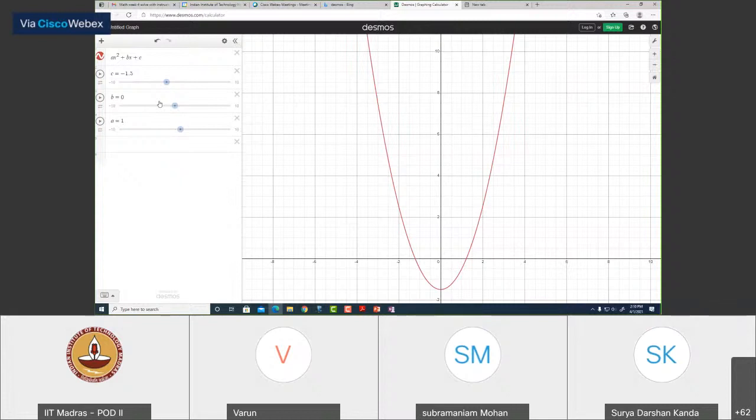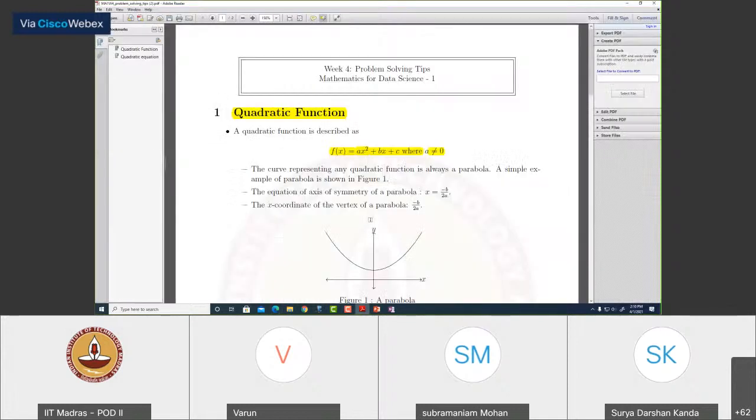So ax squared plus bx plus c. Now, there are different formulas which we have seen. The curve representing any quadratic is always a parabola, and a simple example is shown here in this diagram. Now there are different terms.